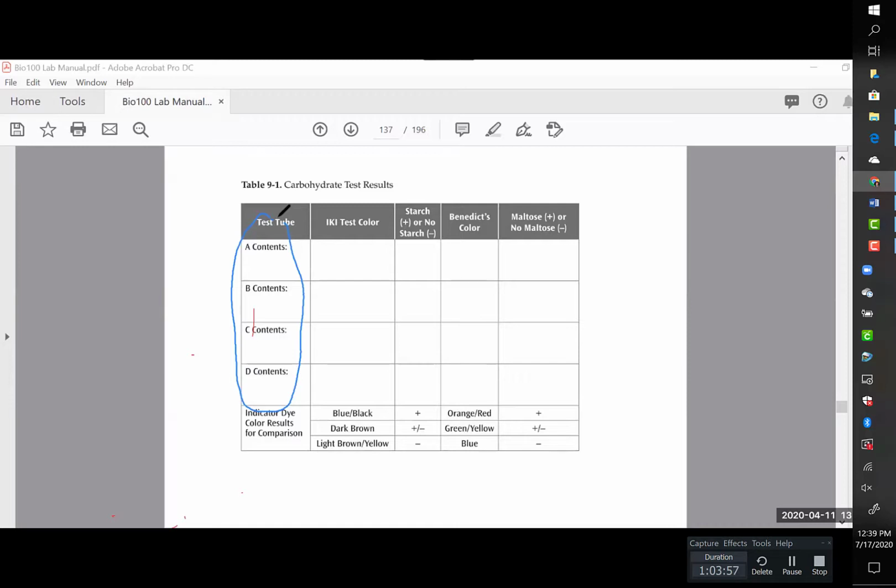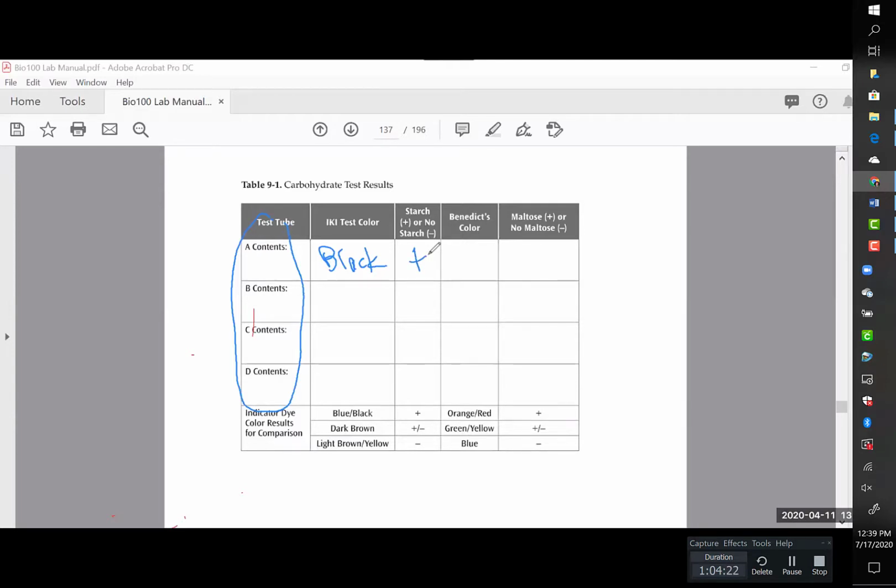So for the IKI color test at the end, test tube A turned out to be kind of a dark blue or black. I'm just going to put black, because that one still had a lot of starch in it, a little bit of breakdown, but the copper sulfate prevented that from breaking down fully. And so we had starch present, a positive there.